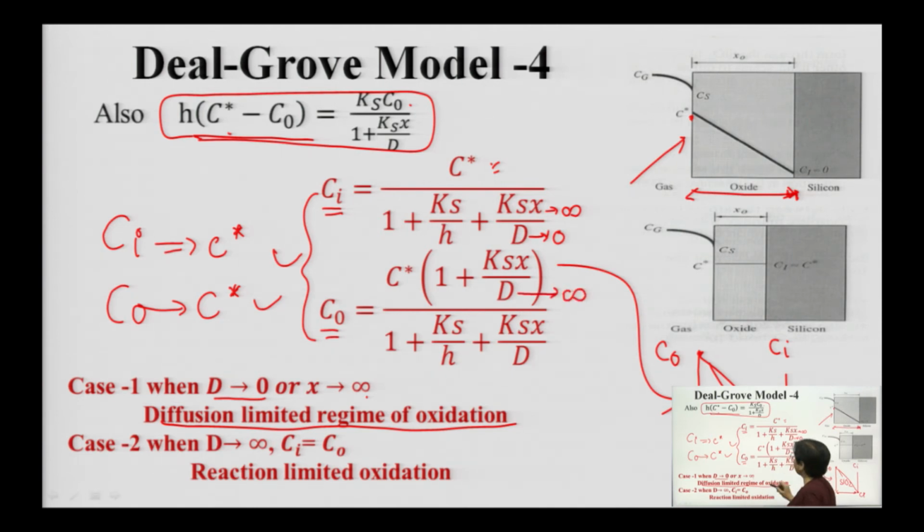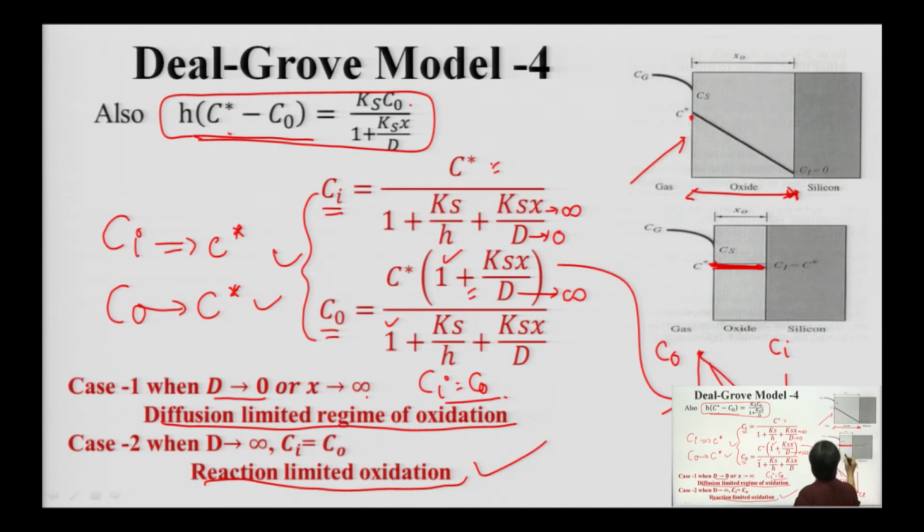On the other hand, if D is tending to infinity, this term will become very small, so this will become predominant. So, Ci becomes equal to Co. That means there is equilibrium, and I have got a linear growth rate. This particular case is known as reaction limited oxidation.